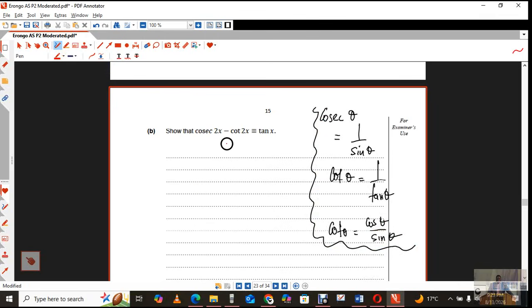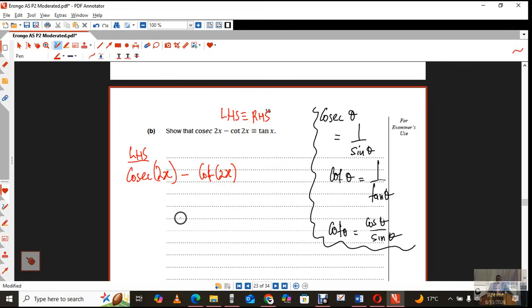Right. Obviously you have to take, this is an identity. You need to prove that the left-hand side is identical to the right-hand side. It's not an equation. So I'm going to take the left-hand side, which is cosec of the double angle 2x minus cot of 2x. Good.